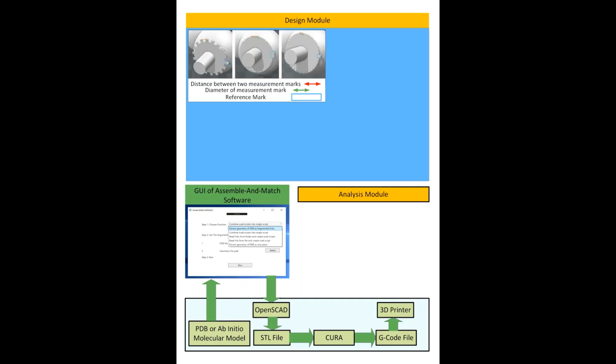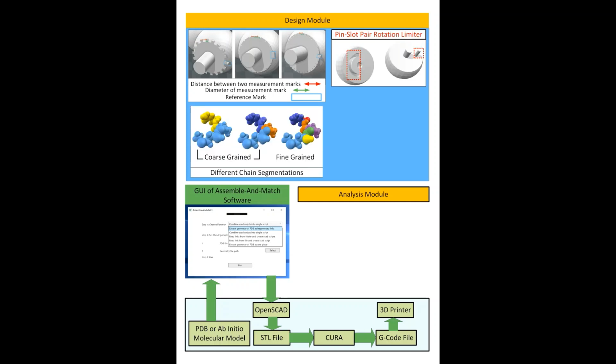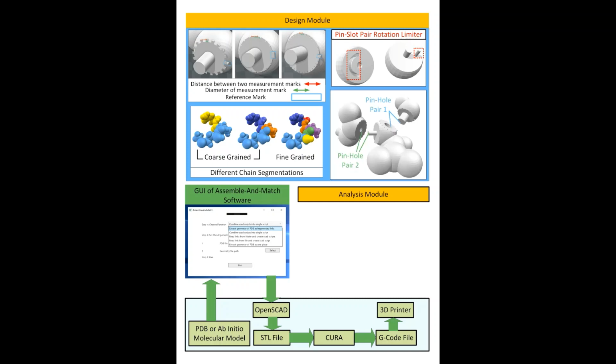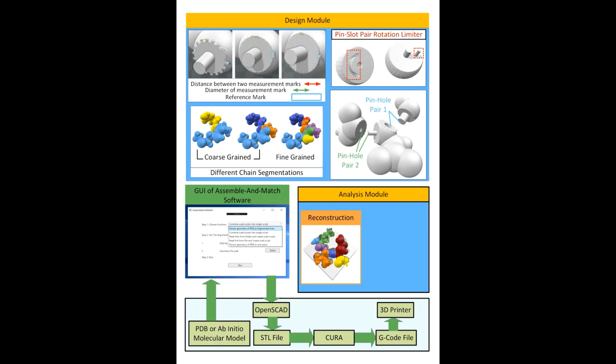Examples are customized number, shape, and size of measurement marks, customized range of torsion angles, choice of fine or coarse segmentations of the molecular chain, as well as shape and size of hinges, which is taken advantage of to guide the users toward proper assemblies. The analysis module enables a variety of tasks such as reconstructing the physical model in silico, energy evaluations, as well as collision detection.